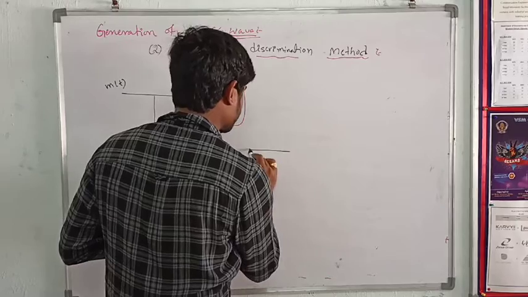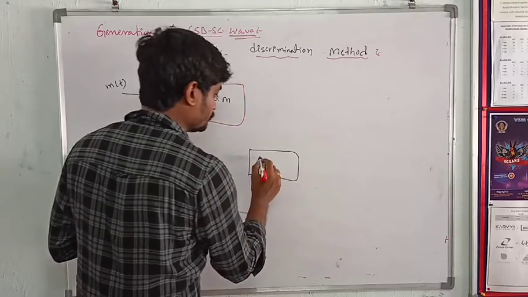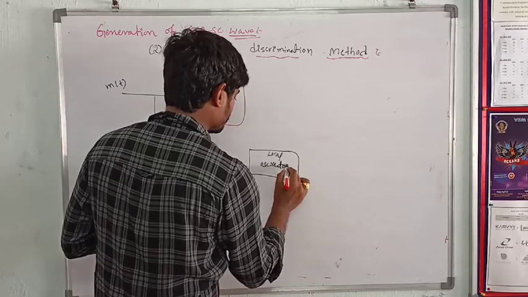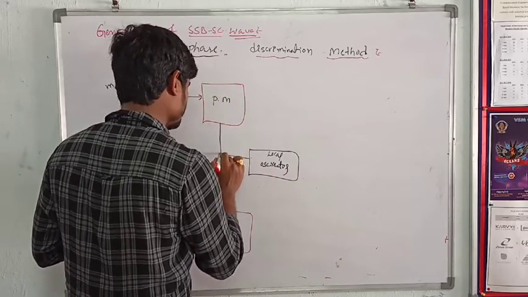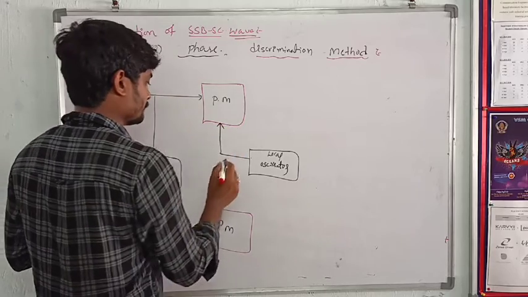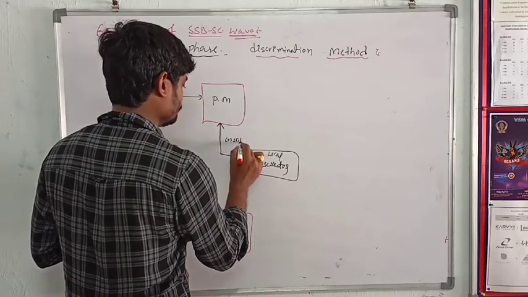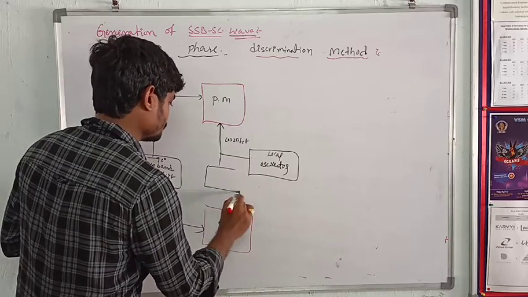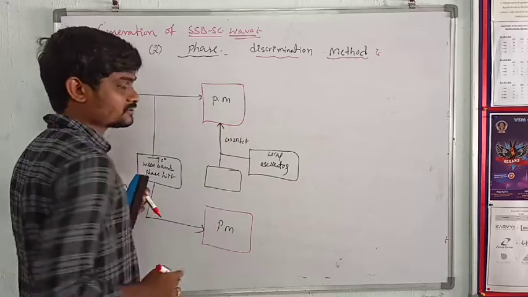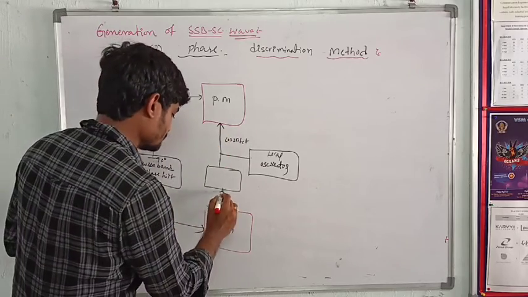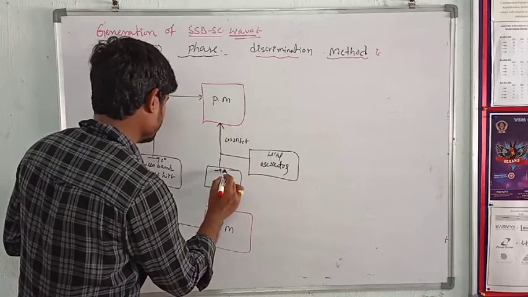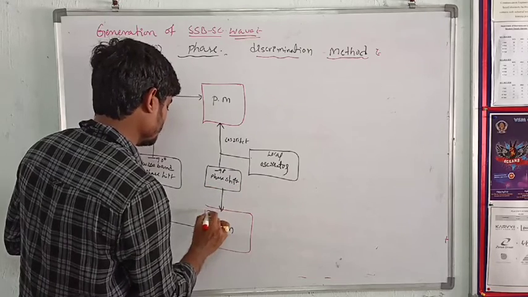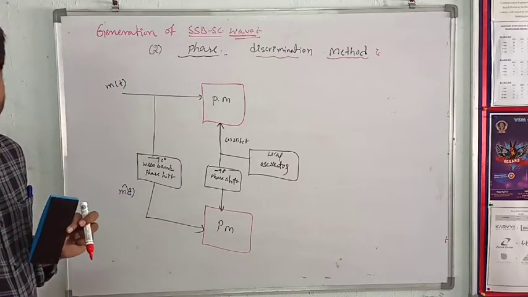Next we generate the carrier signal using a local oscillator. We send cos 2 pi fc t, in phase, to the first modulator, and out of phase, with a 90 degree phase shift, to the second modulator.